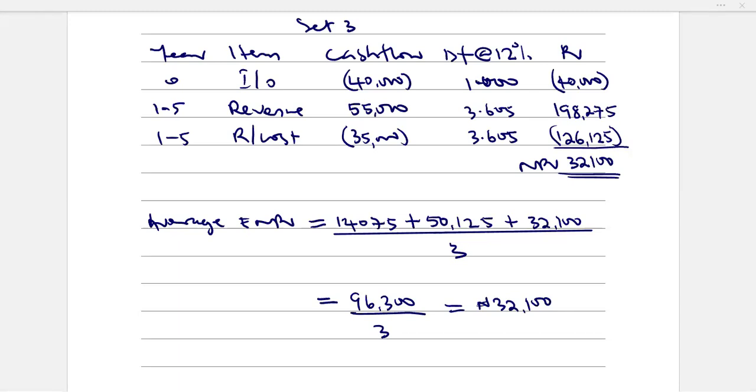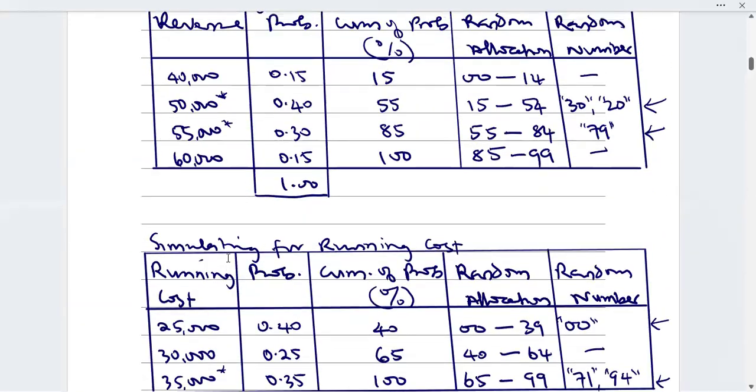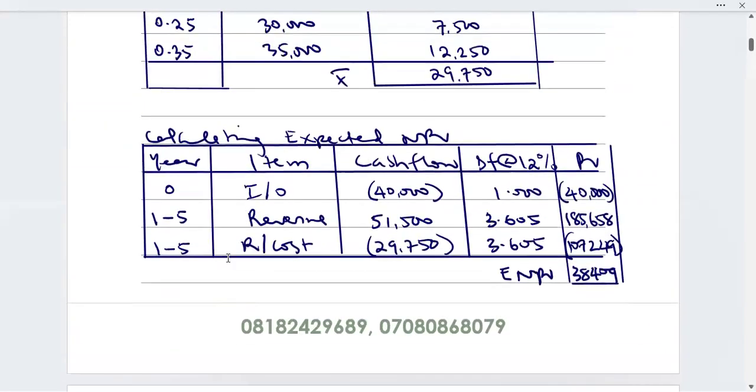In the first calculation, the expected NPV we computed in the A part, we got 38,409. Using simulation, we got 32,100. Why are they not the same? That's what the examiner is asking you. Do you know why?